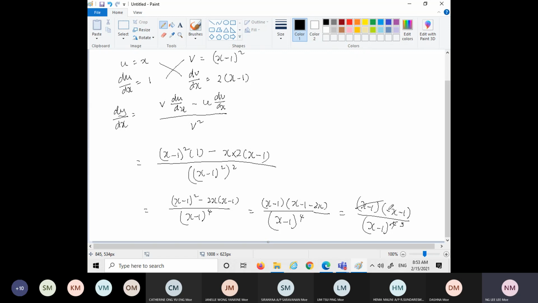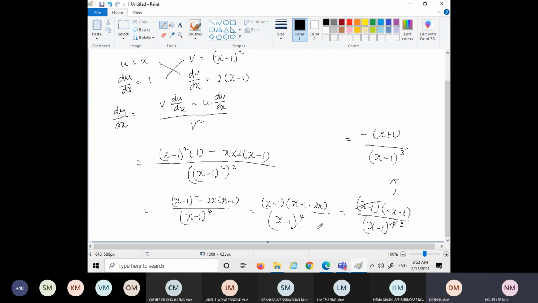And here if you want to factor out the negative, you also can. So it will be x plus 1, and then the denominator will become (x minus 1) power 3. I think that's all, no more can be simplified. Okay?